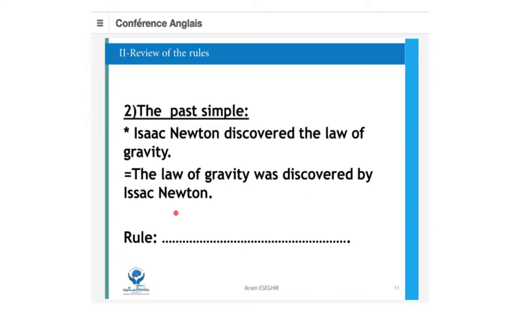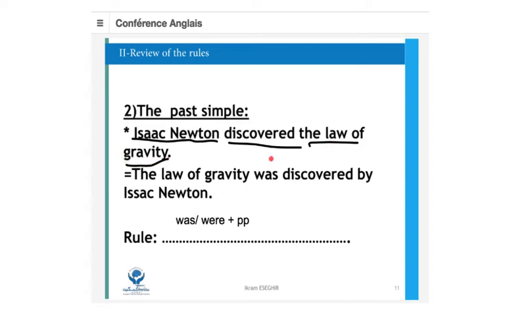So you have Isaac Newton discovered the law of gravity. This is simple past. It means I do what? I put the verb to be in the simple past and I add the past participle. So I have here the subject, which is Isaac Newton. I have a verb, which is discovered. And I have the law of gravity, which is an object.